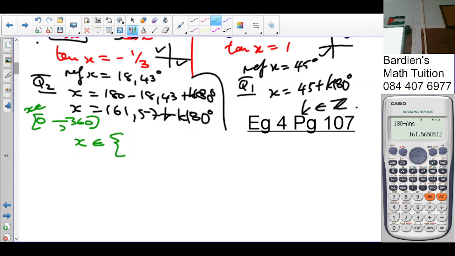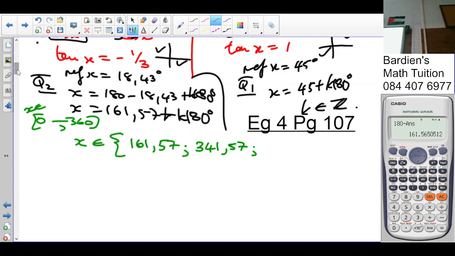Alright. So if I put 0 in here, it's going to give you 161.57. If I put 1 in there, what do I get? 161.57 plus 1 times 180 gives 341.57. If I put 2 in there, it's definitely going to be outside.